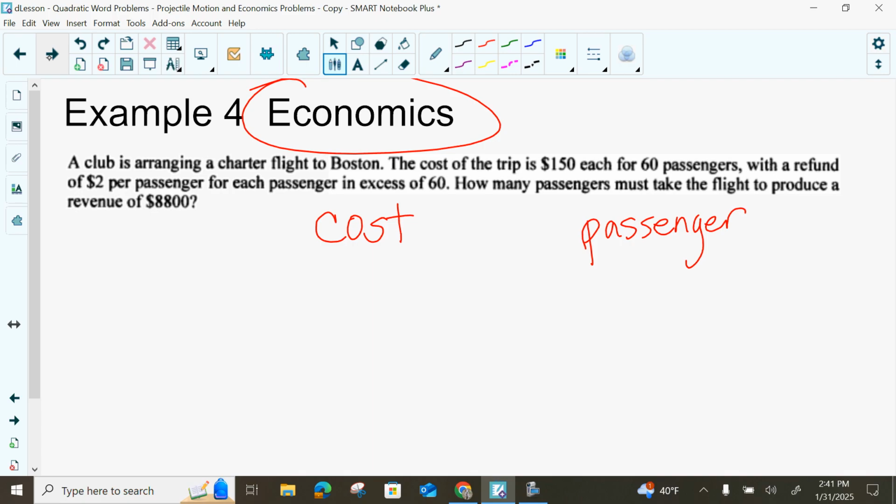So the starting part. The cost of the trip is $150 to start. And when it's $150, 60 people end up going. So that's my start.